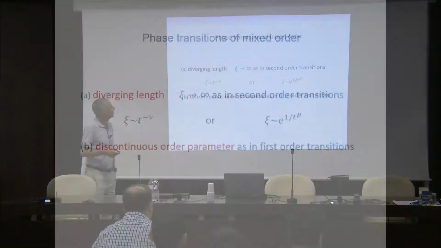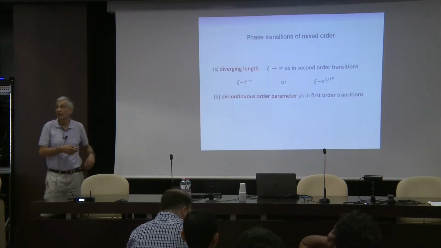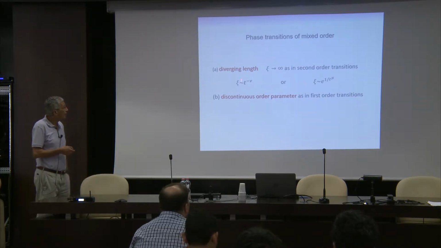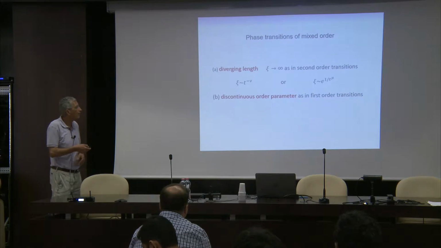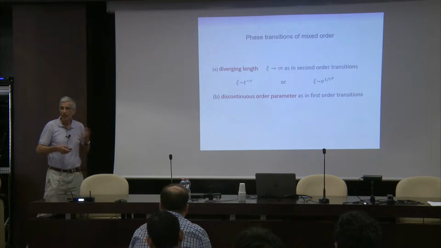Okay, so what are mixed order phase transitions? These are transitions which have a nature which is both of type first order and second order. It's mixed in the sense that they have a diverging length at the transition, like in a second order phase transition, and the length xi can diverge either with some power law of the parameter that goes into the transition, like t to the minus nu, as we expect, but sometimes it goes exponentially, depending on the model and the system.